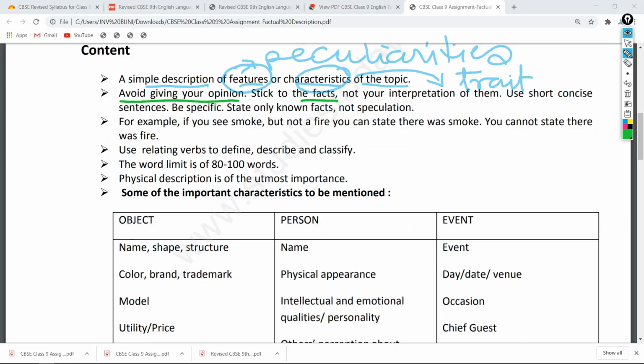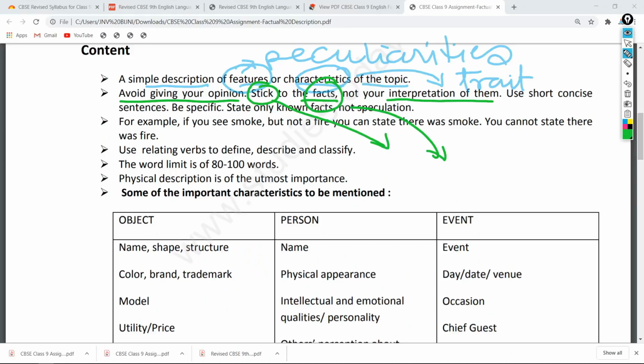Stick to the fact, not your interpretation of it. Means you do not go outside the particular fact, the particular object or person you are going to describe.